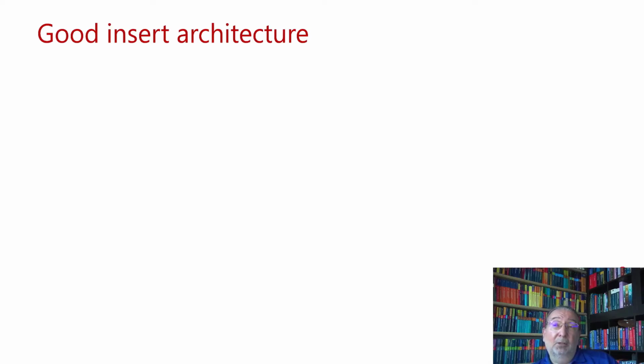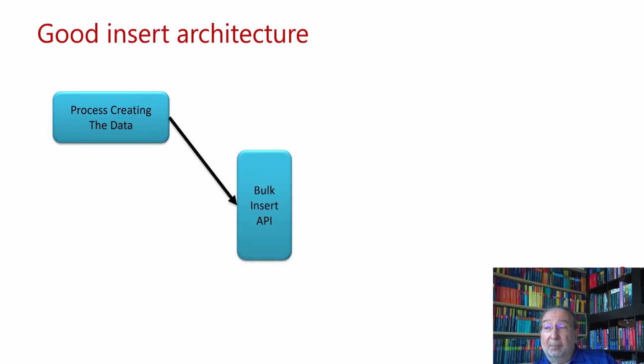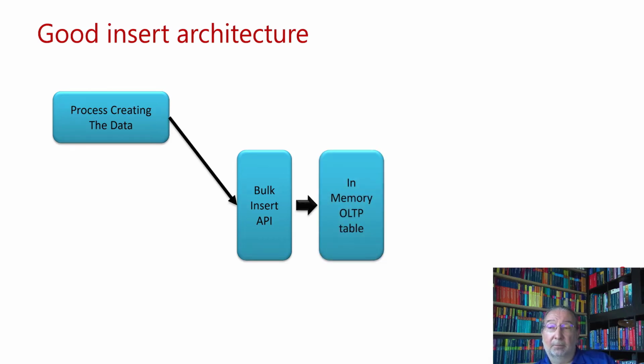What I usually try to get is this kind of insert architecture by not inserting into the column store directly, but into a two-stage process. So I have a process creating the data, and for now we have one of them that uses the bulk insert API of SQL Server to store the data in memory optimized tables, in-memory OLTP tables. You can use regular tables if you don't want to use in-memory OLTP.